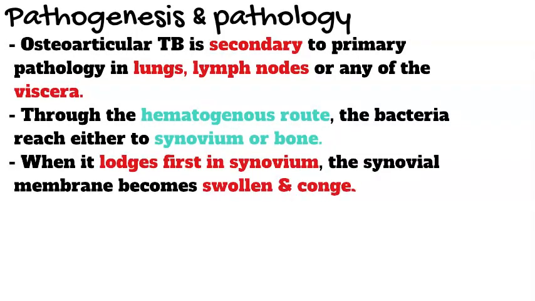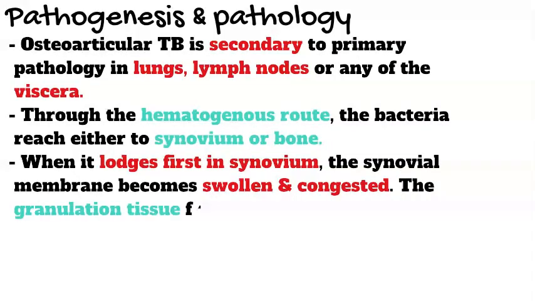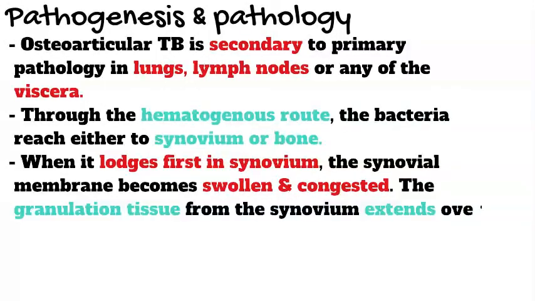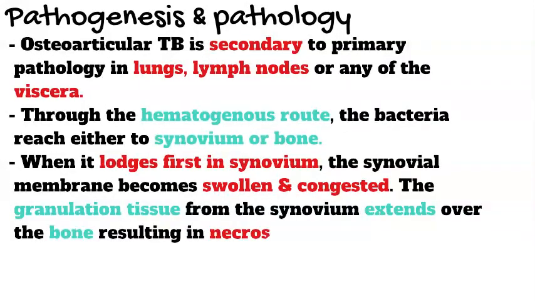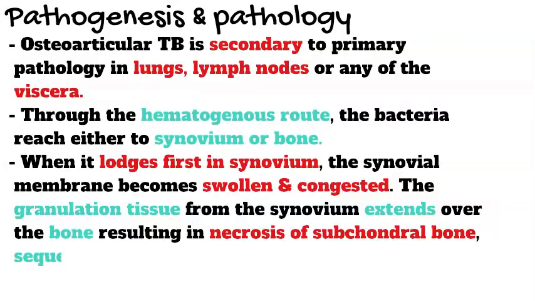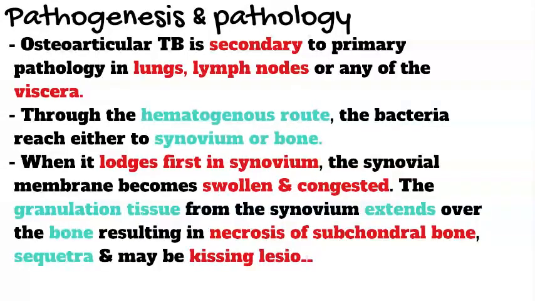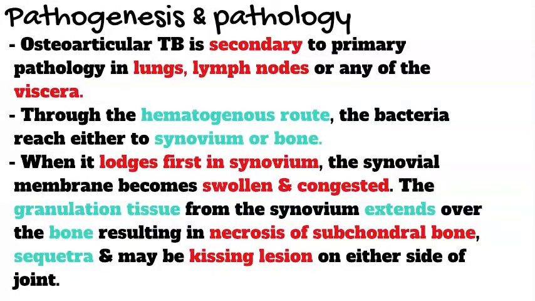When it lodges first in the synovium, the synovial membrane becomes swollen and congested. The granulation tissue from the synovium extends over the bone, resulting in necrosis of the subchondral bone, sequestra, and maybe a kissing lesion on either side of the joint.